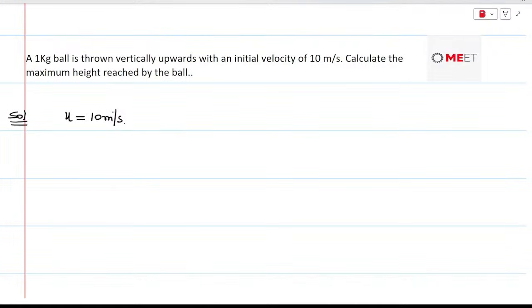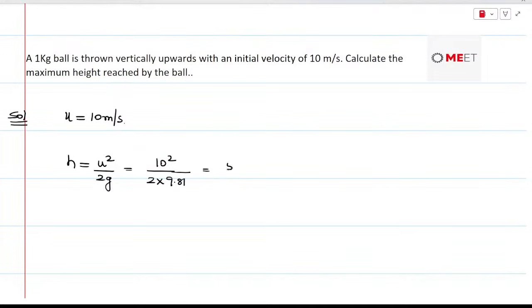Since we are dealing with kinematics, the mass is not required to be taken into consideration, so the height of the ball will be given by h equal to u square by 2 times g. Initial velocity is 10, that is 10 square divided by 2 into 9.81.